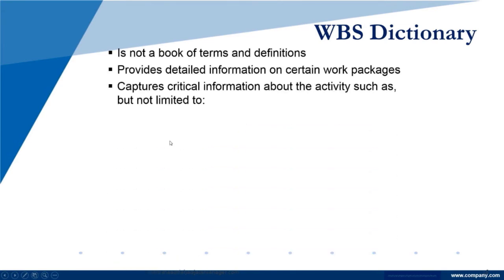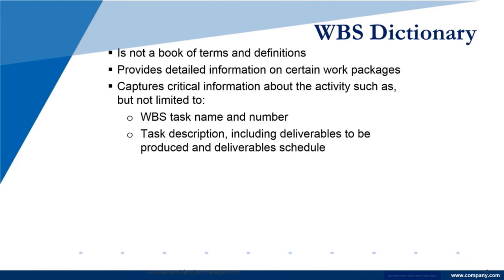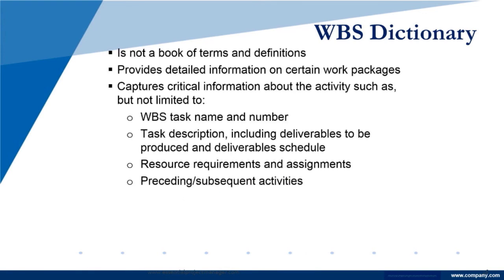Well, like what? Capture critical information about the activity, such as, but not limited to, the name and number of the task, the task description, including deliverables to be produced and scheduled, resource requirements, possibly assignments, preceding and subsequent activities.